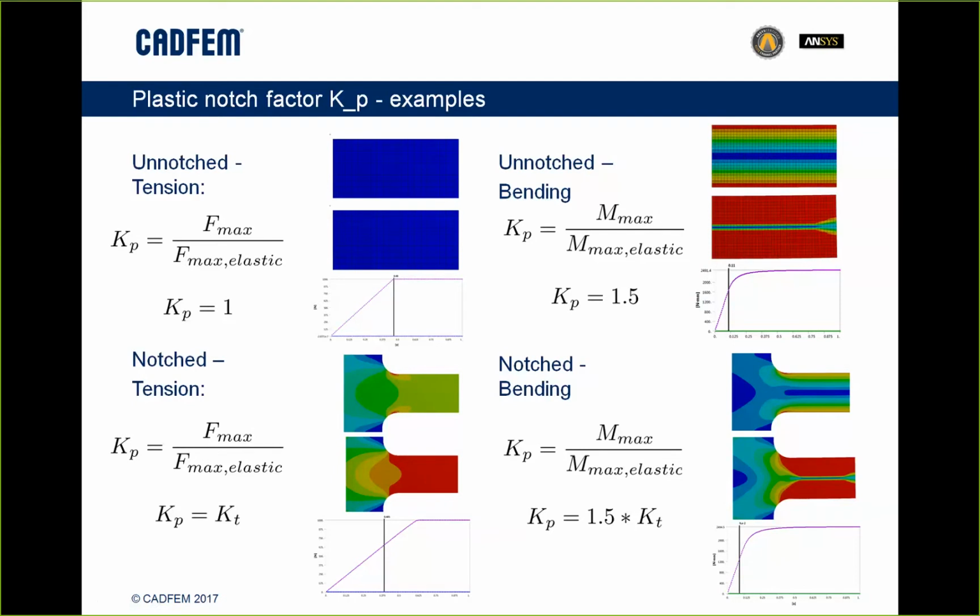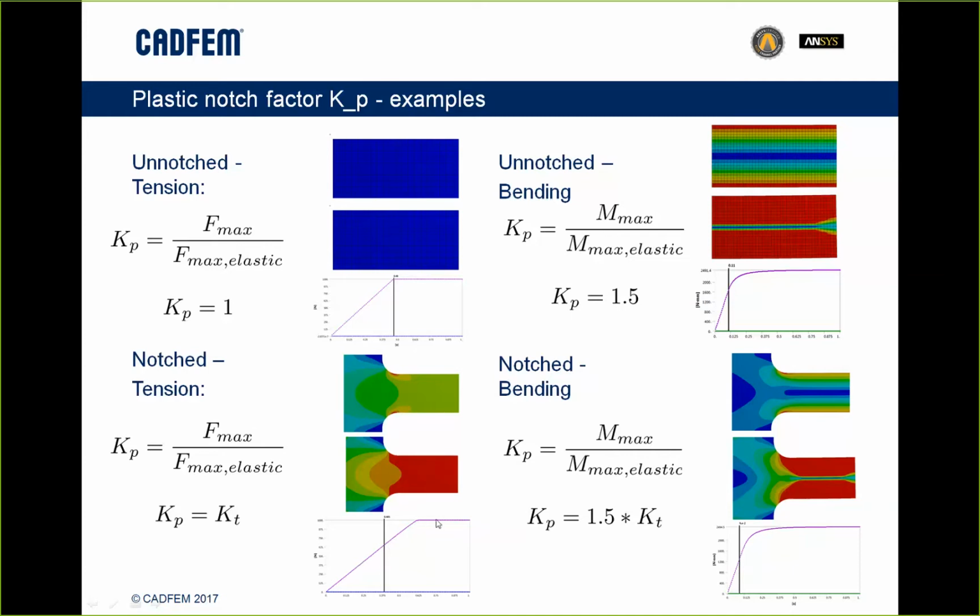It will just plastify. And when I pull more and more, I will come to the point where everything is plastified. When I look at the force displacement curve, you see here it started to plastify, and it doesn't really affect the curve. Then I'm in the ideal plastic region, and so I get no more force.